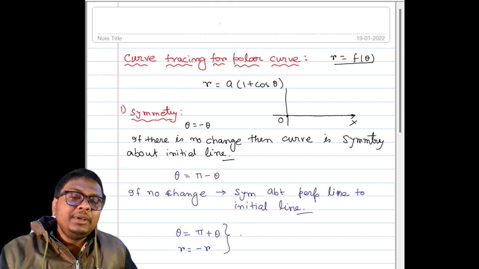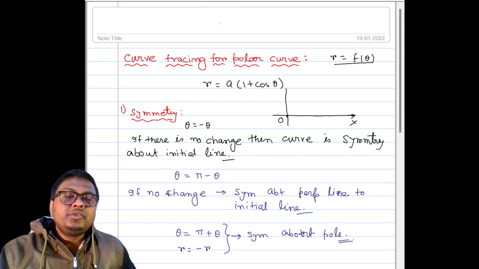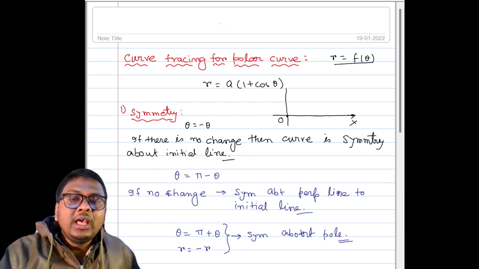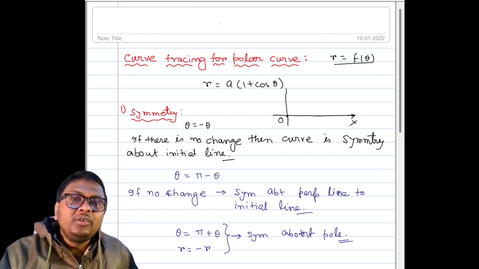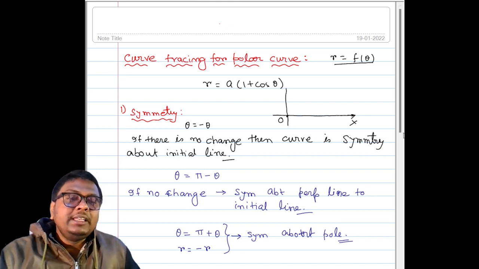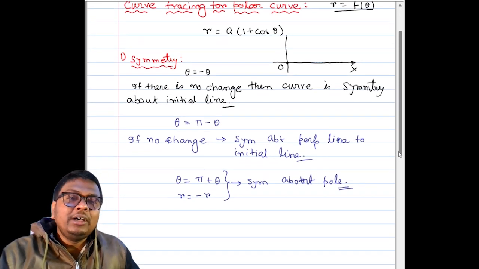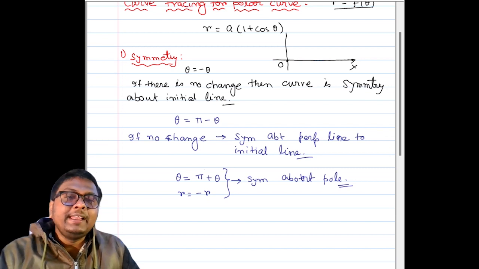You have to check both conditions. If any one of them is satisfied, then it is symmetric about the pole. So we have understood how to check the symmetry for a polar curve. Now take the example which we have taken here, r equals a into 1 plus cos theta.